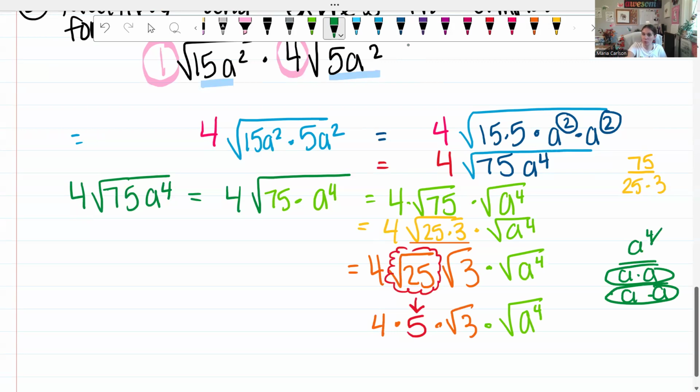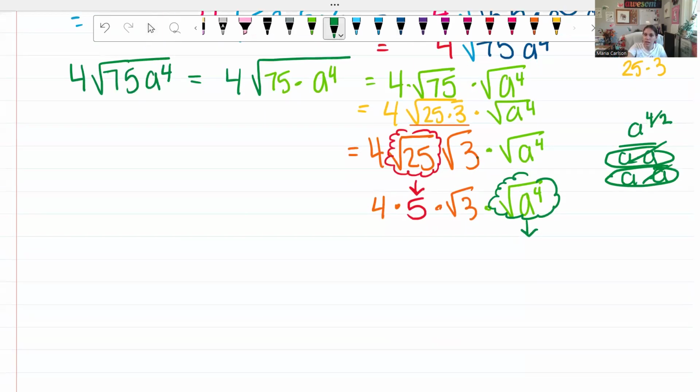If I divide 4 by 2, that gives me a squared. So the square root of a to the 4th power, you simply divide 4 by 2 and you get a squared. No square root involved, because we were able to create 2 pairs out of the 4 available a's.